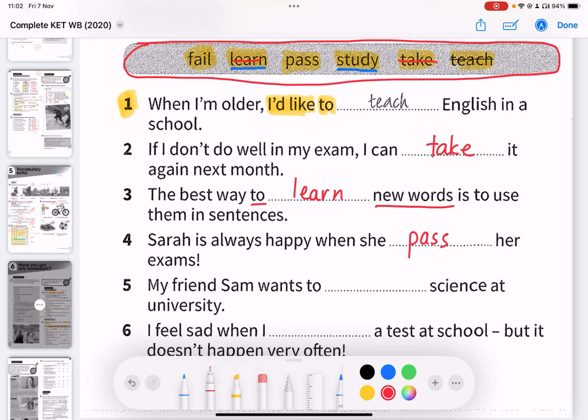But because we have the word always, yes, always means luôn luôn, each and every time. So it is again and again and again and again. She, so we say passes. Yes, I'm sorry, if you don't have this, you cannot get the point. All right, now, so we've got passes.